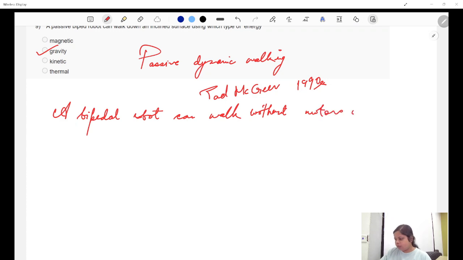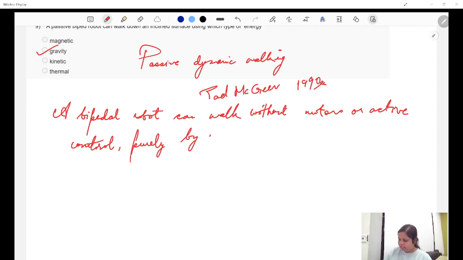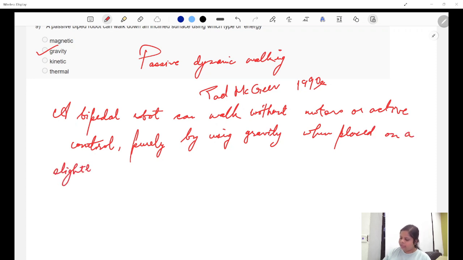Walk without motors means walk without active control, purely by using gravity when placed on a slightly downward slope. So there are no actuators needed.